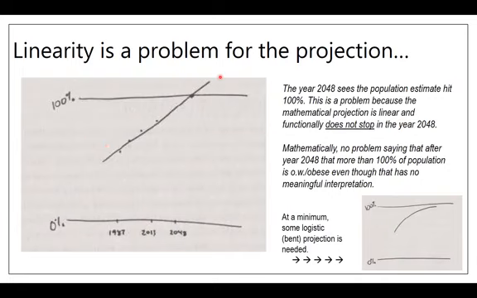But this linear trend doesn't stop, and mathematically, with that kind of function, there's no problem saying after the year 2048, our prediction is that the overweight/obese population is beyond 100%, and that has no meaningful interpretation. So at a minimum, something that fits through here that respects the fact that this thing has to bend as it gets closer would be needed.